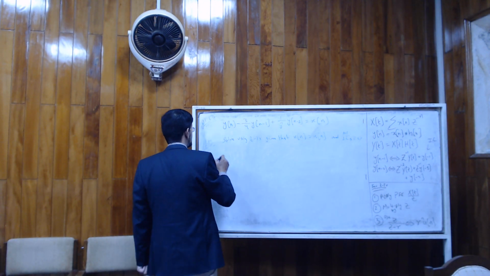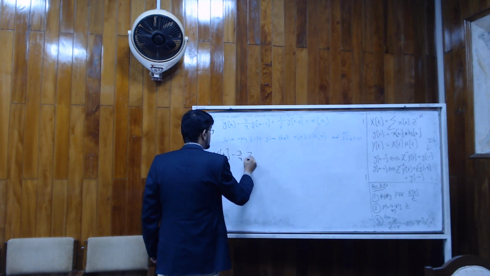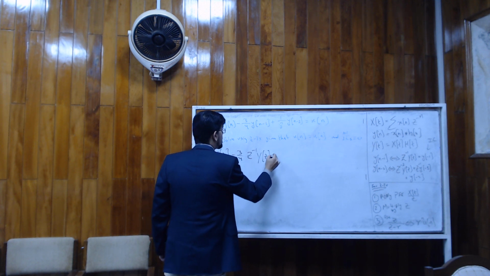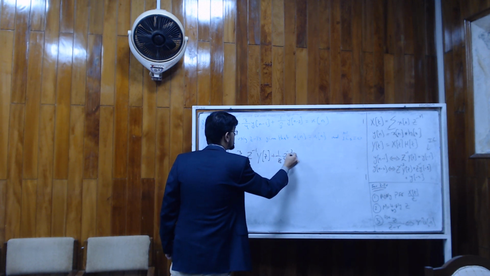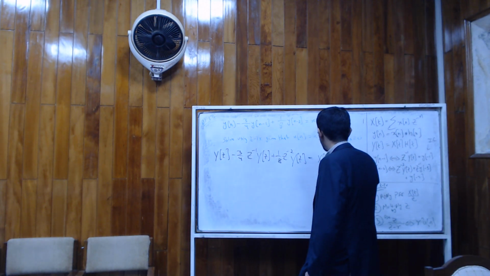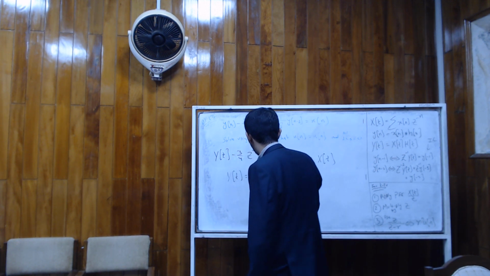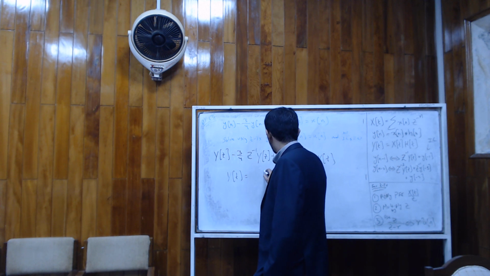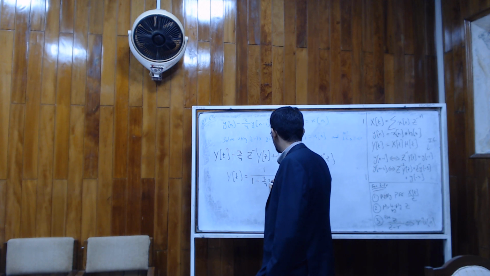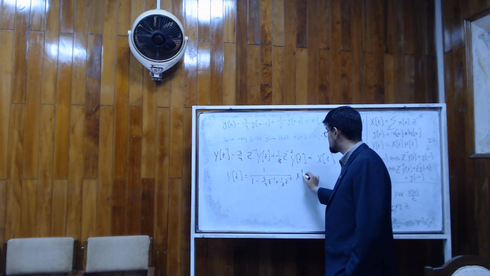With initial conditions set to 0, it's yz minus 3 by 4 z inverse yz plus 1 by 8 z minus 2 yz equals xz. That leads to yz being equal to 1 over 1 minus 3 by 4 z minus 1 plus 1 by 8 z minus 2, times xz.